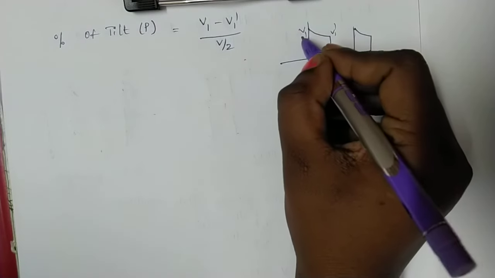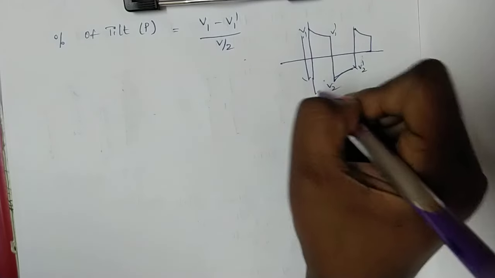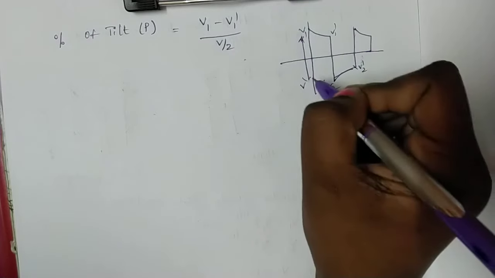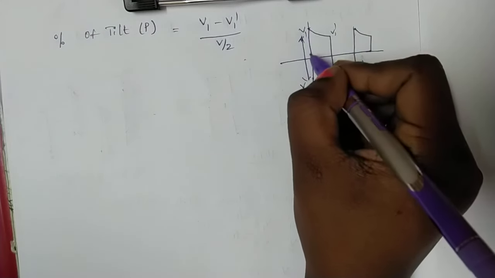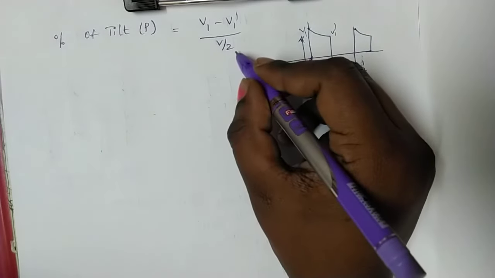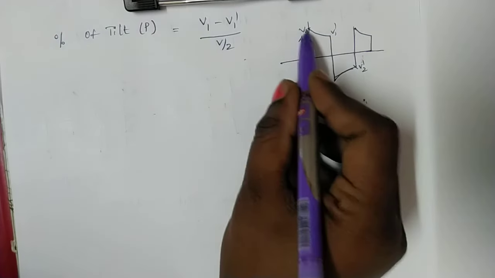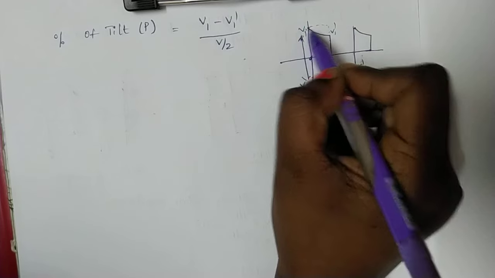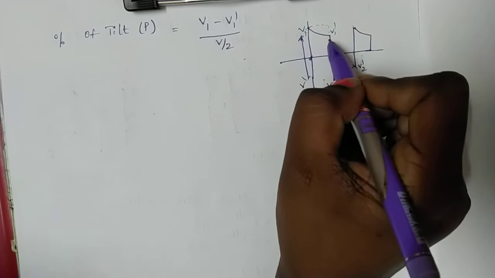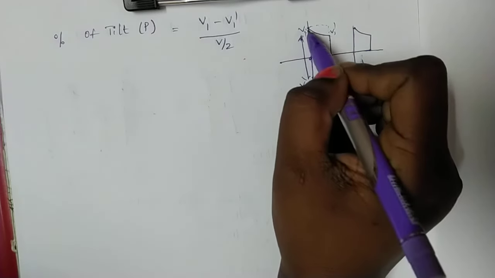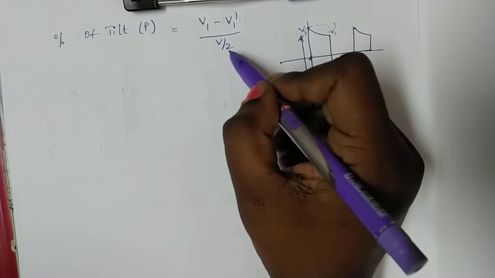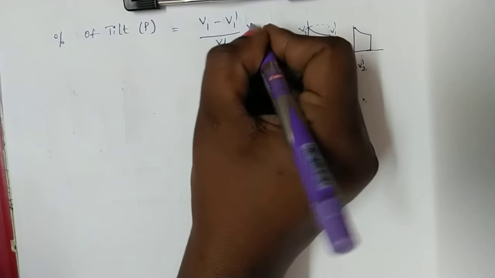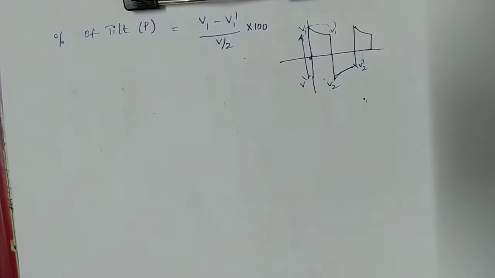The total peak to peak amplitude is V volts, but the half is V by 2. The difference between these two, V1 minus V1 dash, by half peak amplitude V by 2, we take into 100 to calculate the percentage.